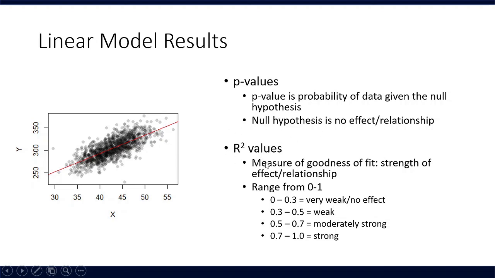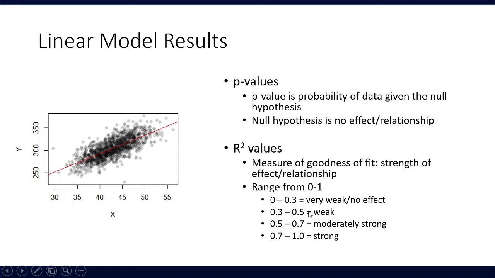Now, the formal definition of an r-squared value is the proportion of variance in your response variable, in y, that is explained by your model that includes your predictor variable, or x. All right? It's the proportion of variance in y that's explained by x.